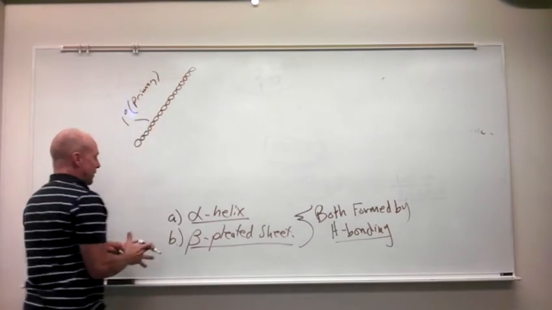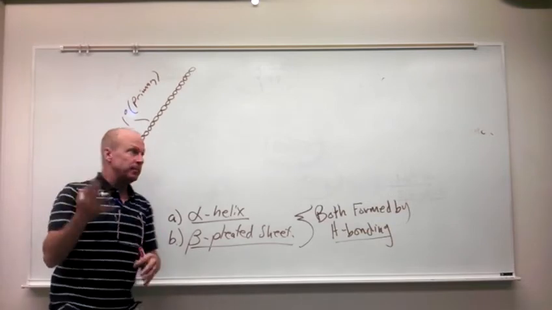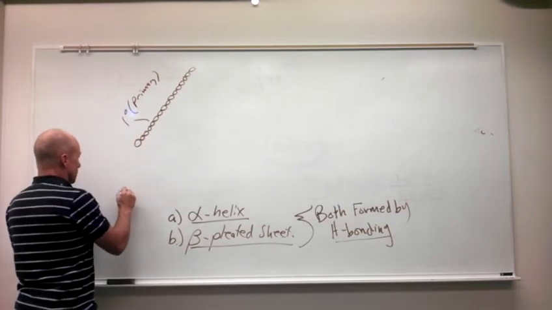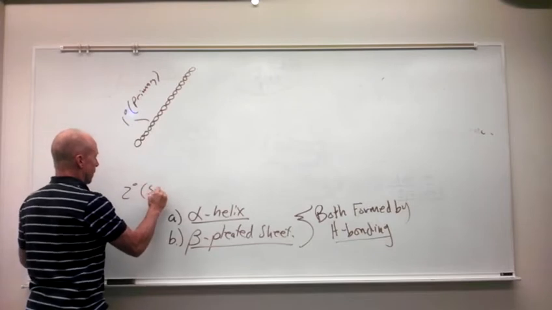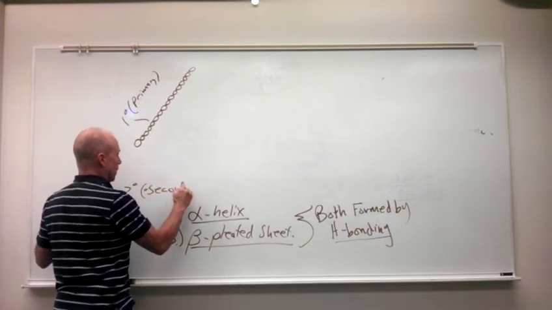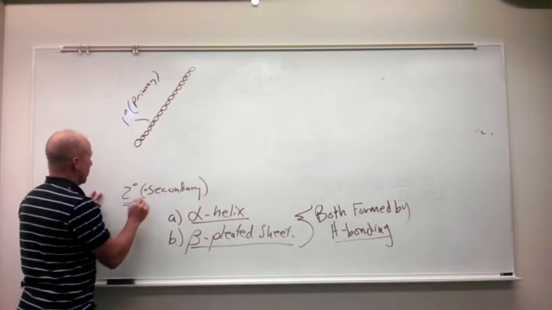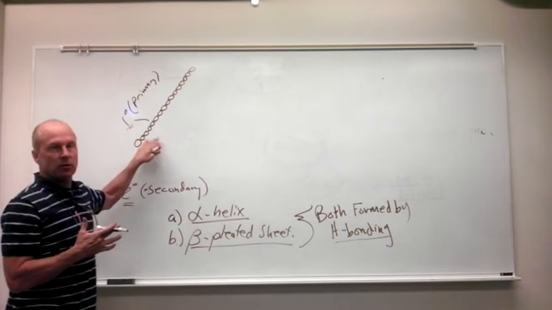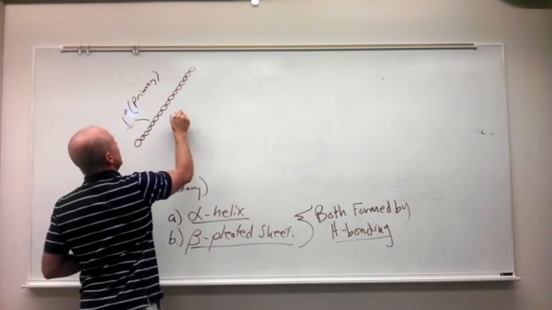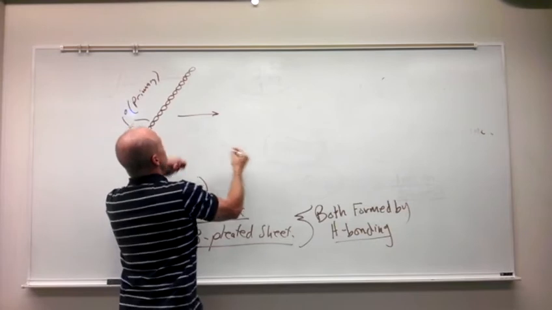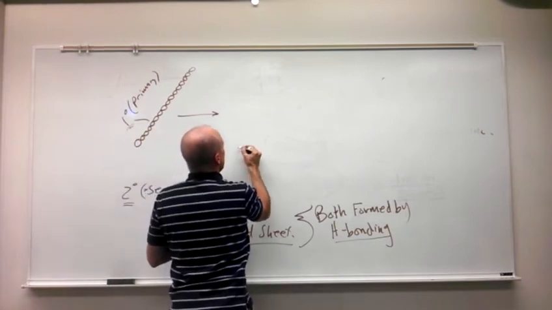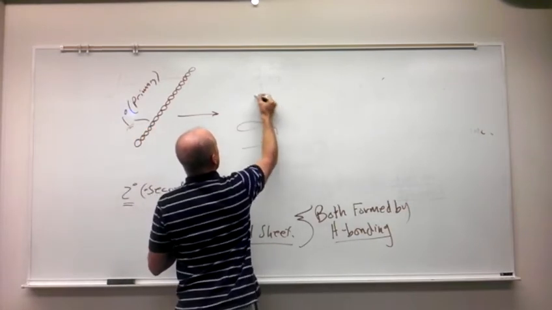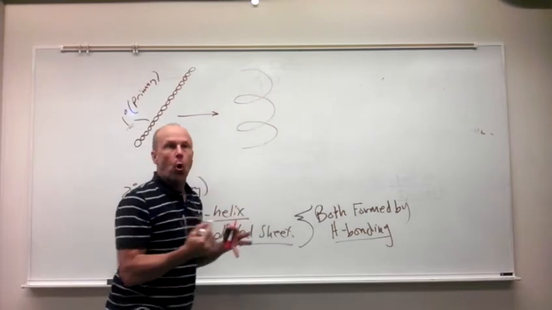And on down the line, secondary is going to be 2 with a degree sign. So we're introducing all these nice little shorthands. What's going to happen in the forming of this is the whole thing is going to take the form of a helix, a corkscrew.